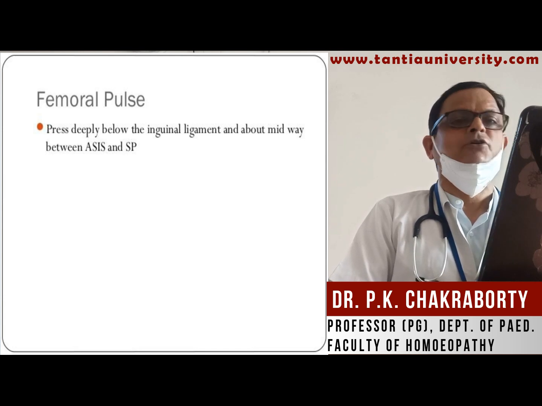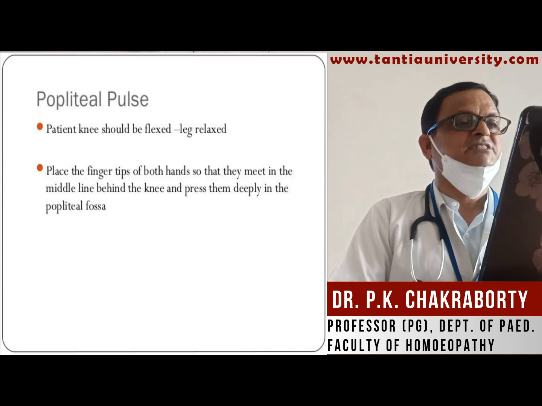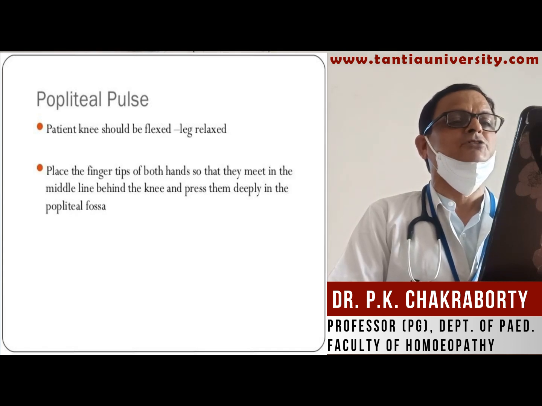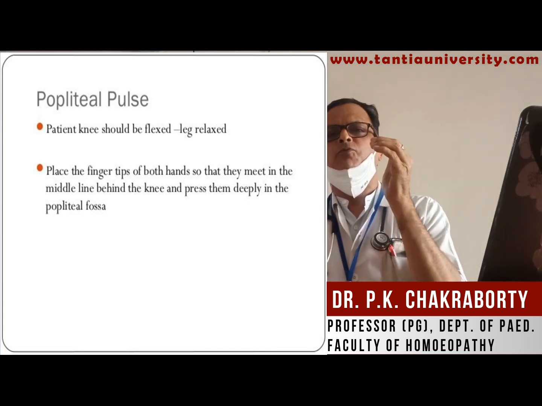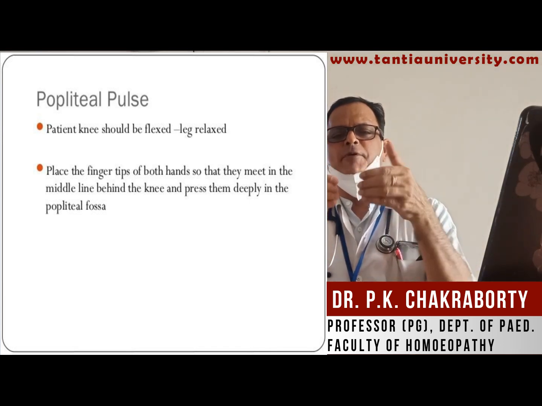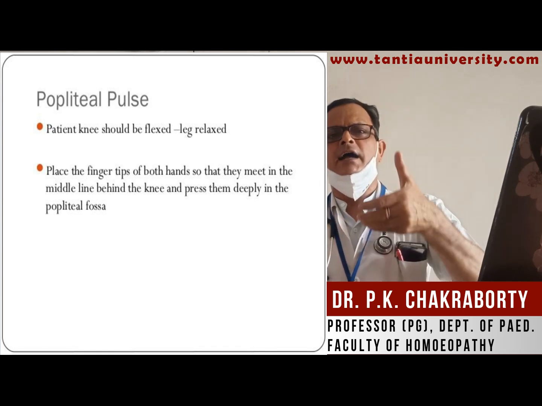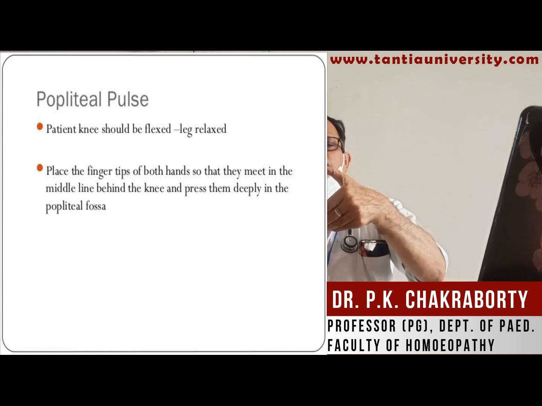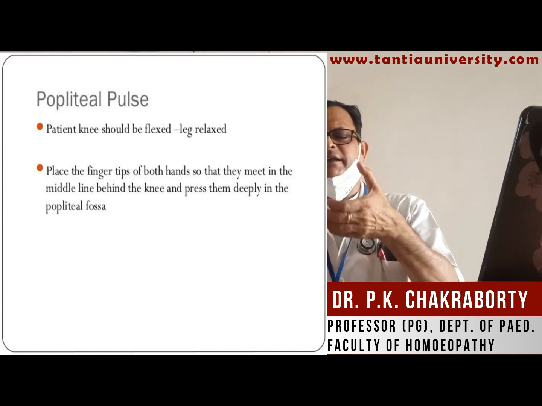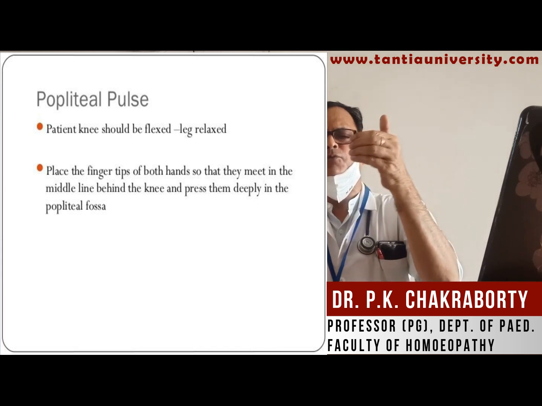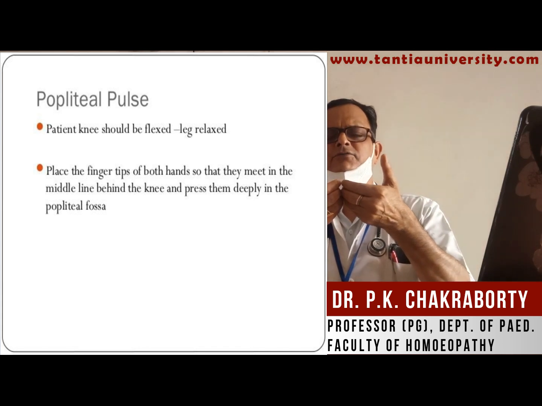Femoral artery pulsation, I told you, is just midway between the anterior superior iliac spine and the symphysis pubis. Popliteal artery, also in the popliteal fossa. For the popliteal artery, we have to use these four fingers of both hands, placed posterior to the knee joint, on the posterior surface of the popliteal fossa, along the midline.